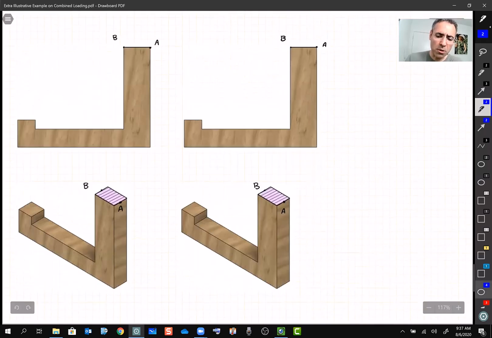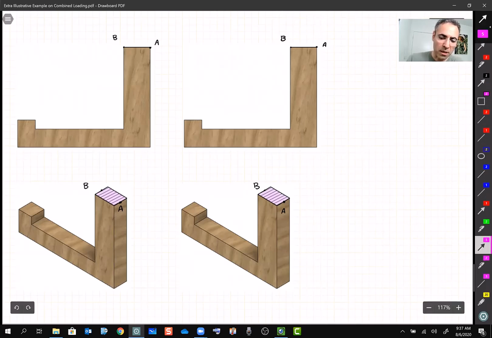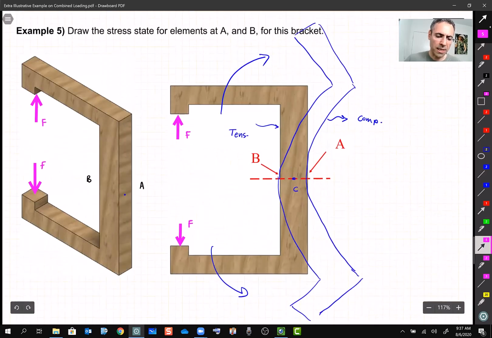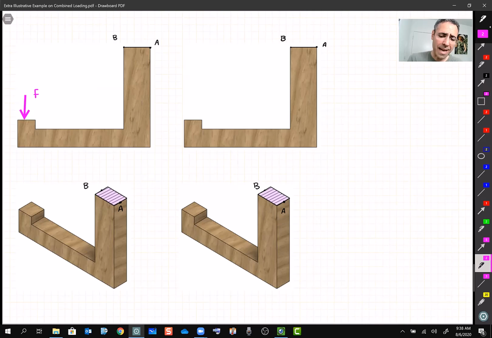So like always, we start with the free body diagram, and we draw the forces with this in mind: everything has to be balanced, right? We are interested in the section that passes through points A and B, so we section this beam like that. We have an external load, which we call F there. Because we are in static equilibrium, somewhere this load has to be canceled.